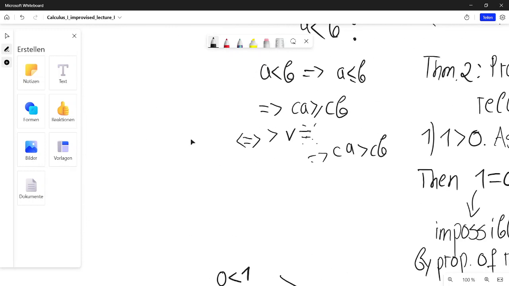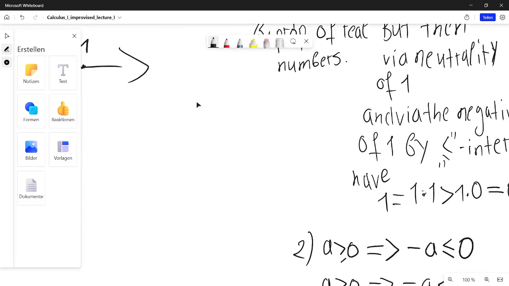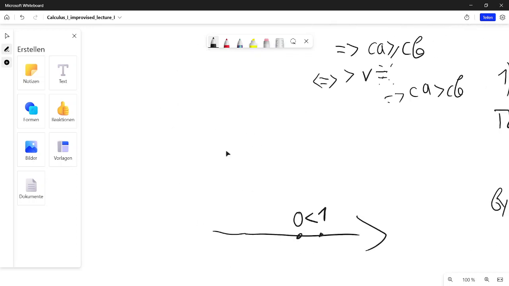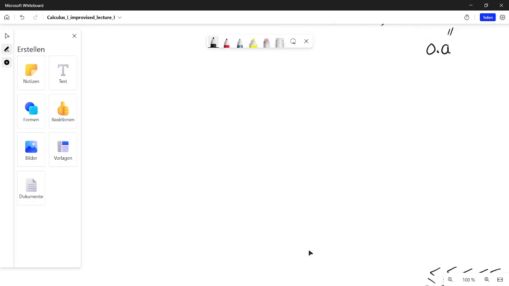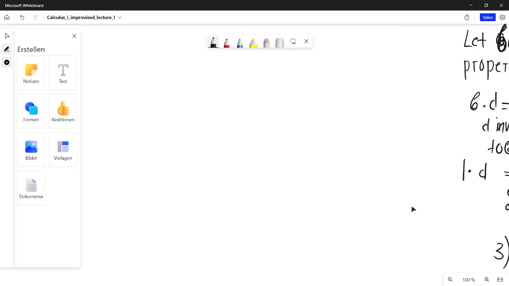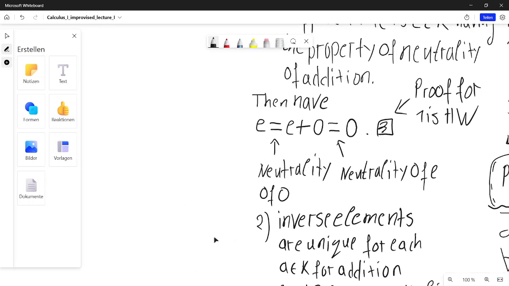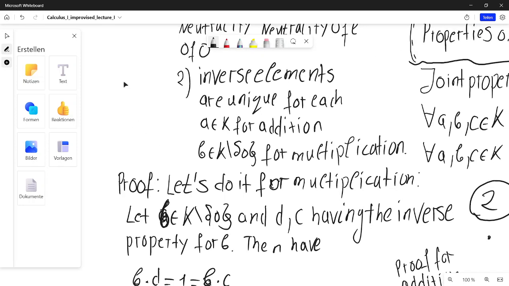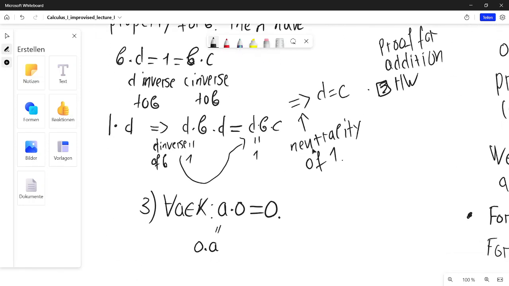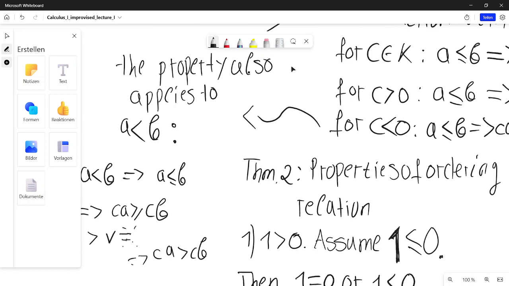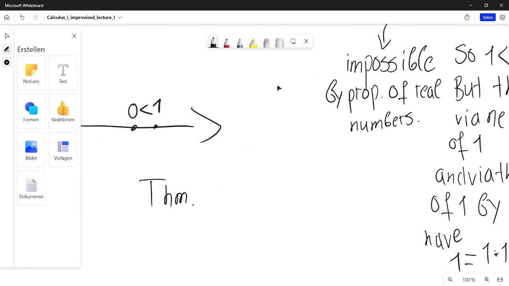Okay, another thing we should certainly do is another theorem about properties. I don't know if we stated that already. Let's look. We stated that actually. Nice. Okay.